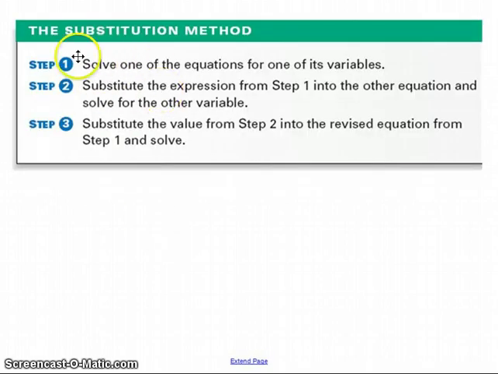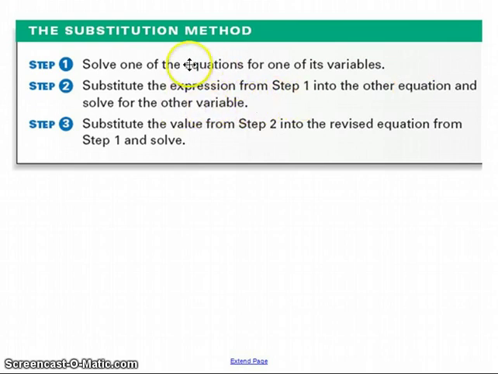The textbook outlines these three steps, and this is taken straight from that textbook. Paraphrasing it here, what you do is you solve one of the two equations to get one of the variables by itself. Then you take that resulting expression from step one and plug it into the other equation. It's important that you plug it into the other equation and then solve for that other variable.